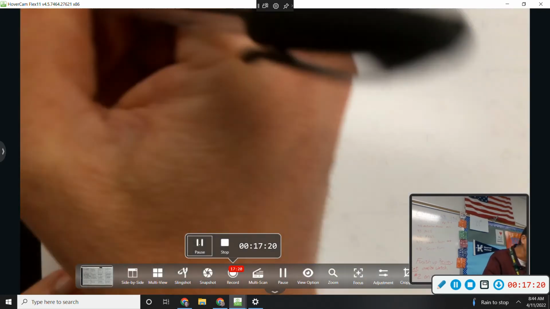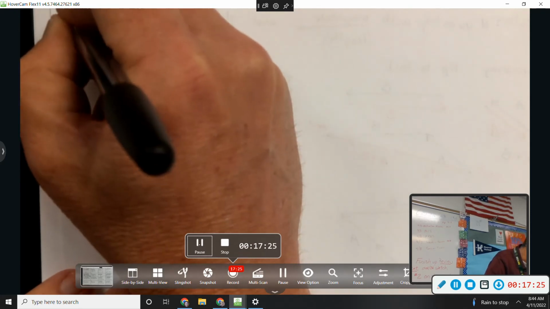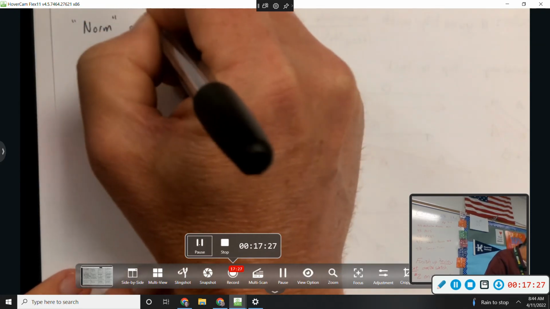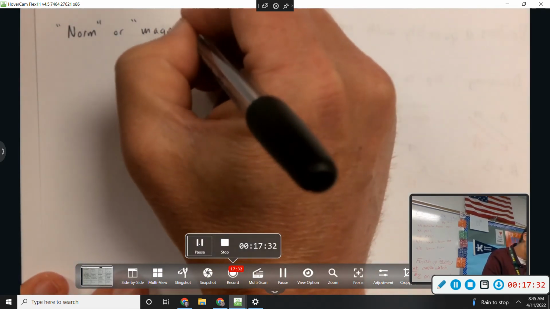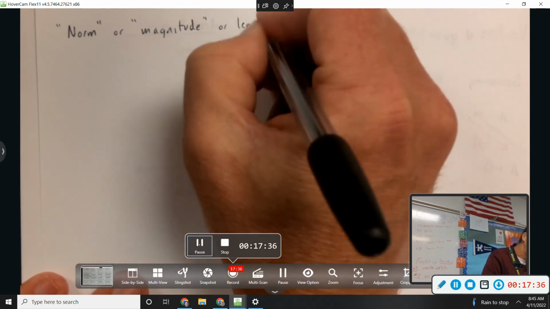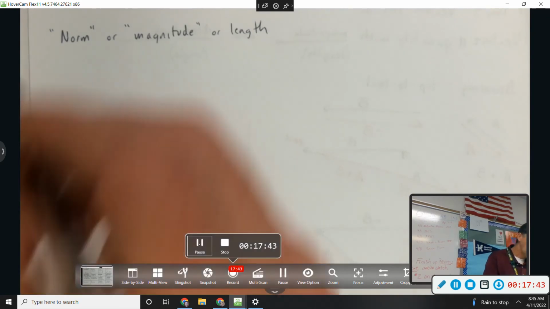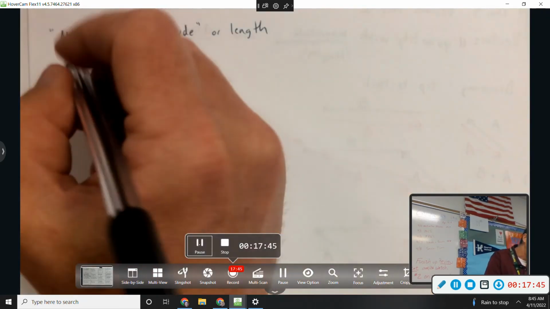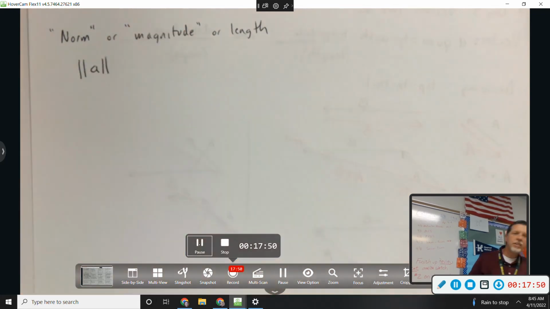All right, the last part of the algebra piece is finding the norm or magnitude or length. It's the same thing. How long the vector is. The symbol for it is 2 bars on either side of whatever vector we're trying to find the norm of, or the magnitude of.